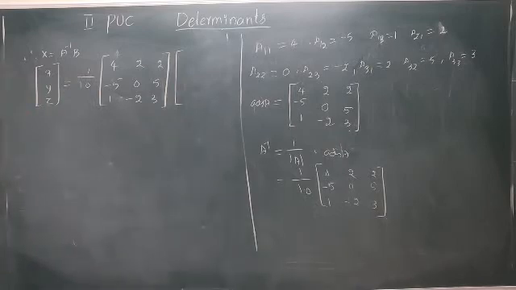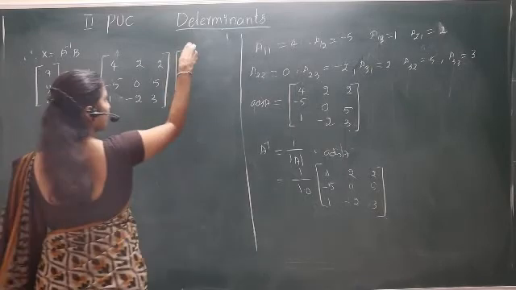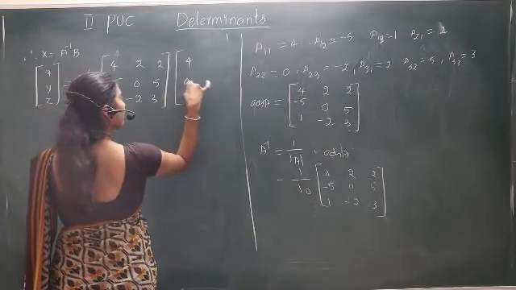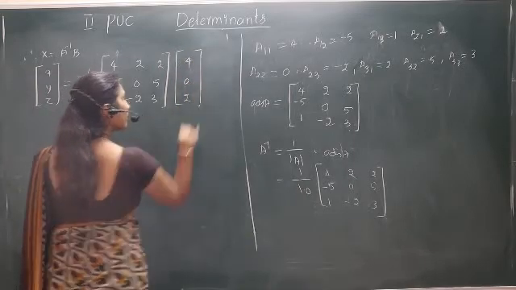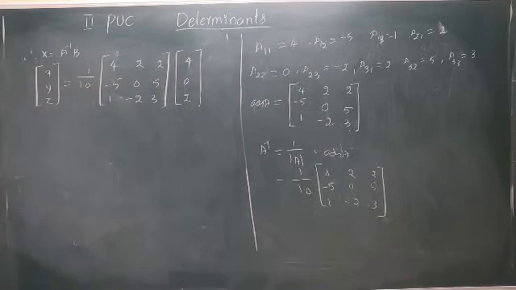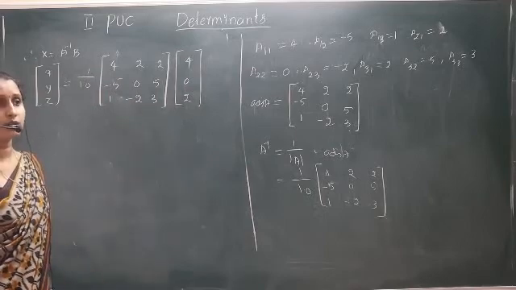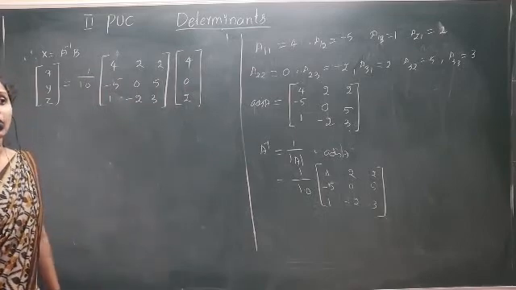We have considered 4 0 2. Now one is a 3 by 3 matrix and the other is 3 by 1, so the answer is of 3 by 1 itself.